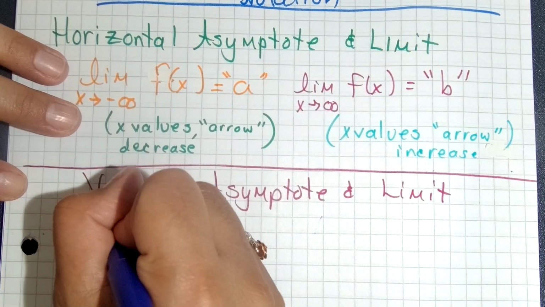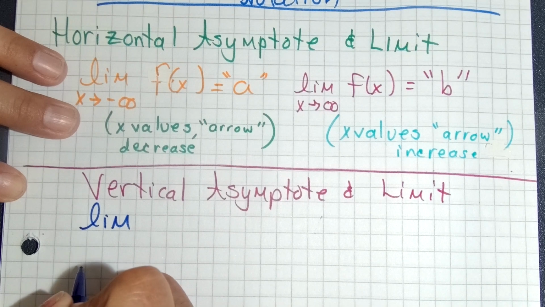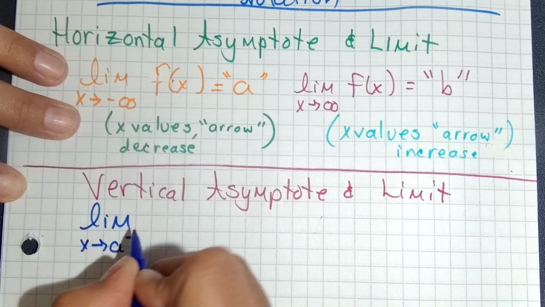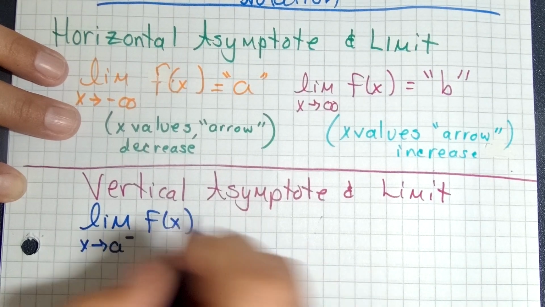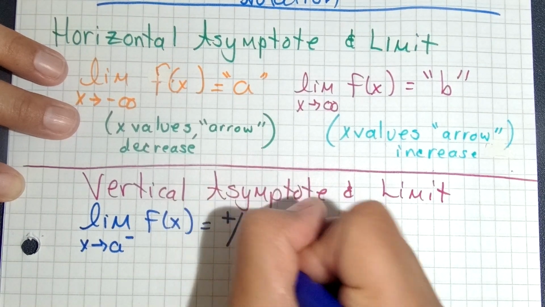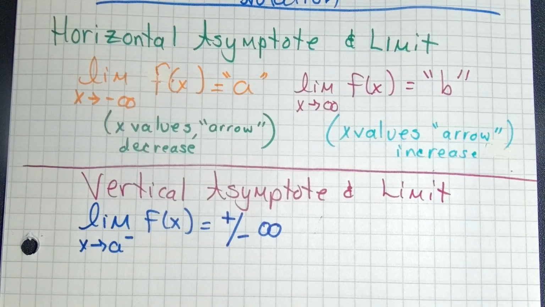So, the first one is from the left. Am I going too fast? Sure? Okay. As x approaches a from the left of f of x, we can get positive infinity or negative infinity. One of those 2 answers, but not both.